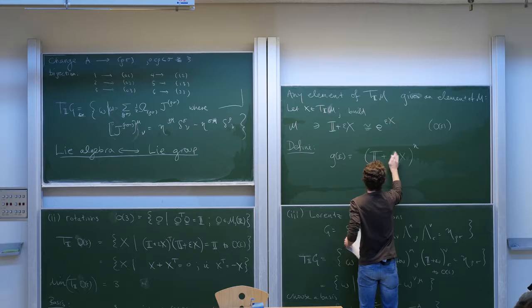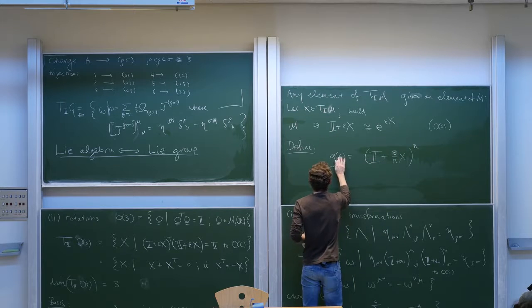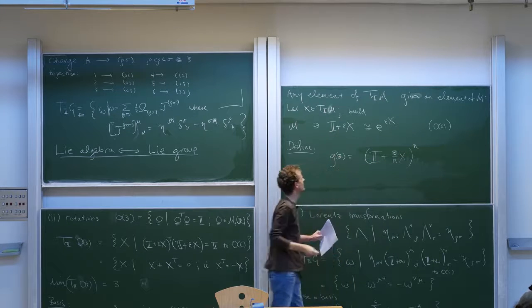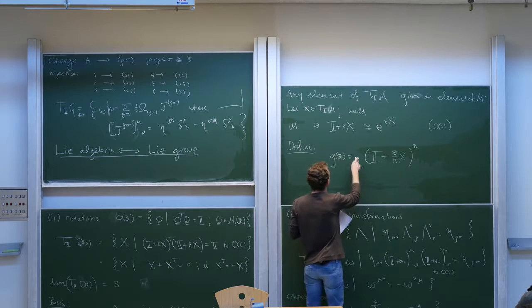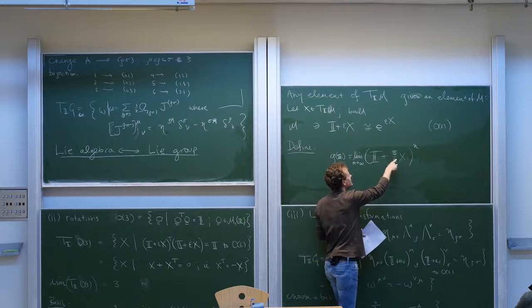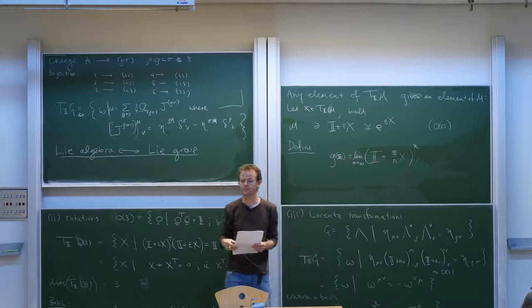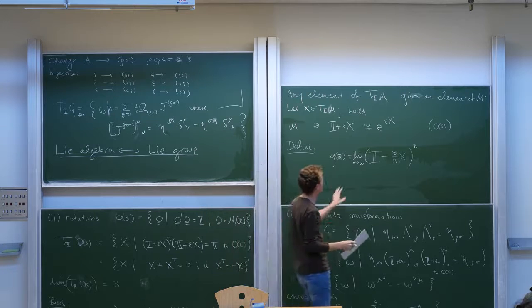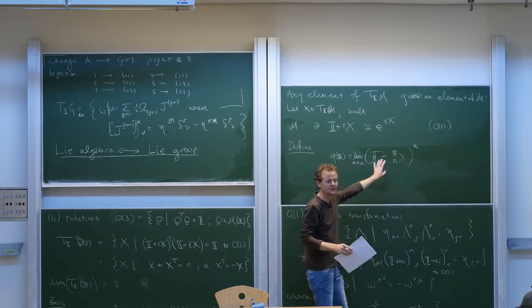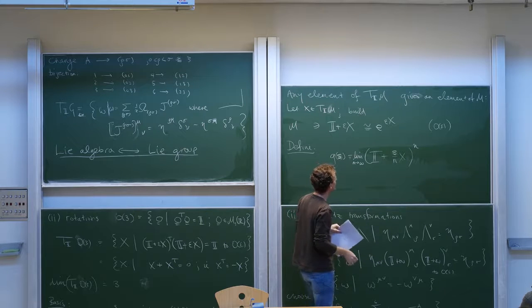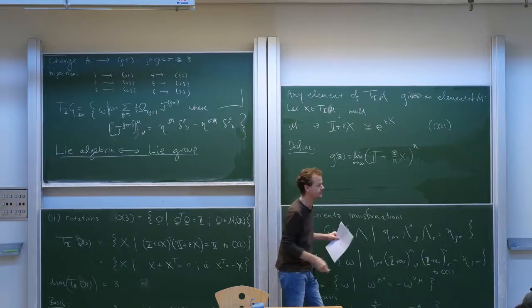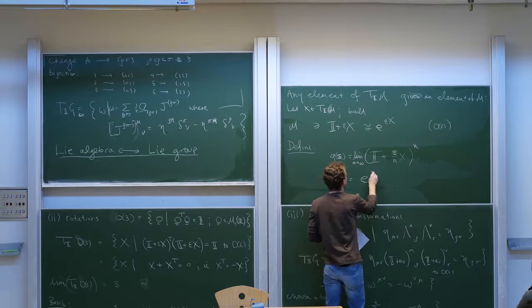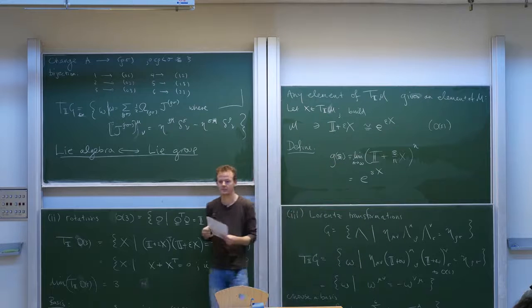Oh, I don't want to make that epsilon, I want to make that s. So at some point, as n gets bigger and bigger, s over n becomes epsilon, becomes smaller and smaller. This multiplication map is continuous, and we get an honest member of the Lie group as a consequence. So this is, not surprisingly, denoted e to the sx.